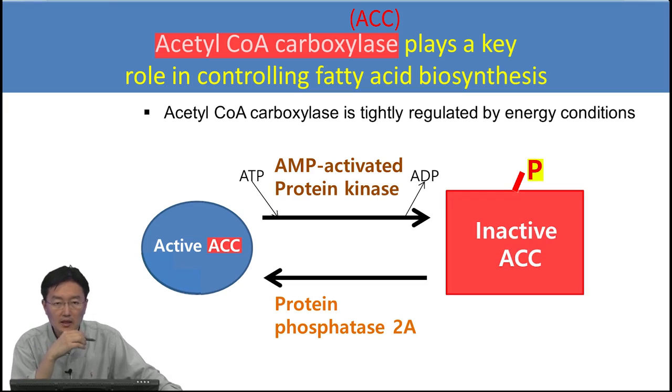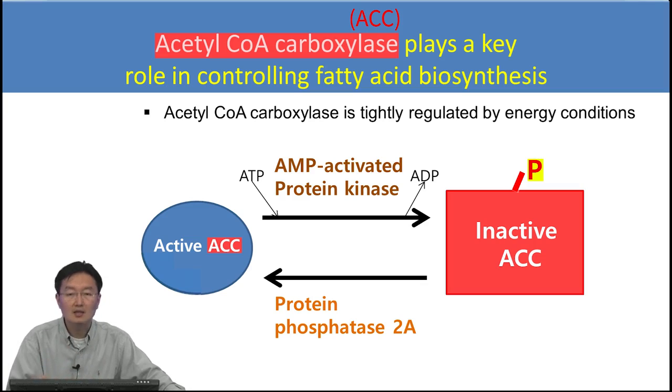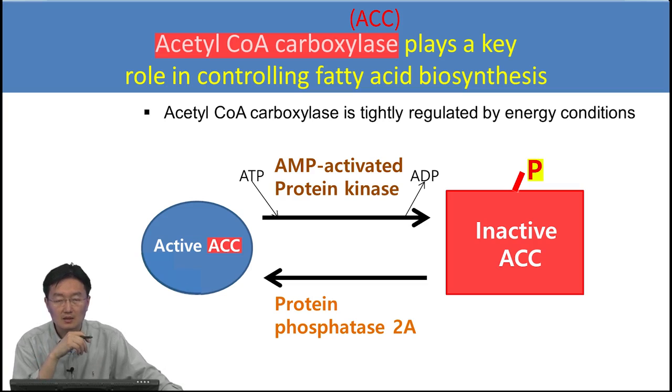As you can understand, acetyl-CoA carboxylase is the first critical enzyme for driving energy-consuming biosynthetic processes. So under energy-deficient conditions, a specialized kinase like AMP-activated protein kinase stops this reaction by phosphorylating and suppressing ACC activity, thus shutting down the energy-consuming, electron-consuming, highly expensive anabolic process, in this case fatty acid biosynthesis.